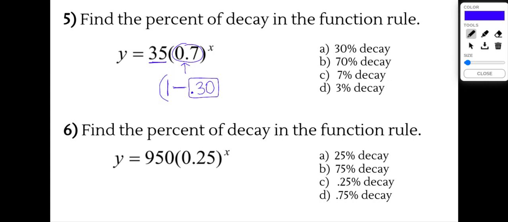And then remember, this would have been in my parentheses, and I would have simplified it to get the 0.7, right? So this came from a 30% decay. So I kind of have to work it backward a little bit. So 30%.